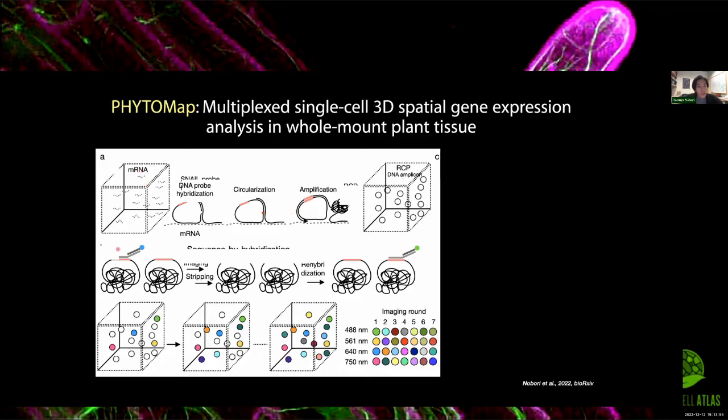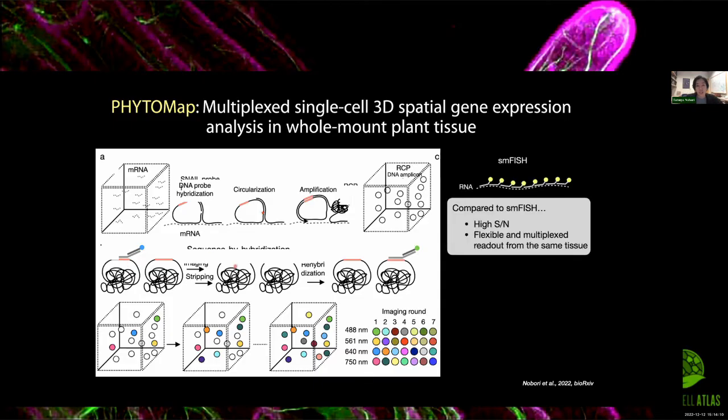And then single molecule FISH is performed, targeting those target-specific barcode sequences. And please remember that the barcode sequences are now amplified hundreds of times, so they can incorporate hundreds of FISH probes, giving a really strong signal. That's actually one advantage of PHYTOMap compared to traditional single molecule FISH, where a bunch of fluorescent probes are tiled directly onto RNA molecules. So this could be dozens of probes, but not hundreds.